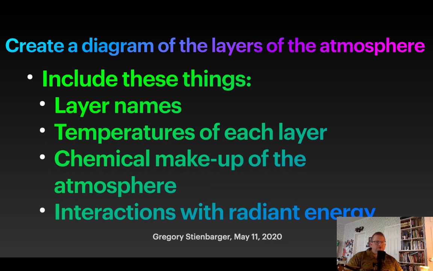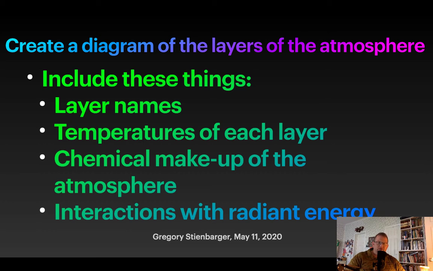So you're going to have to include the layer names, each of the layers. You're going to have to include the temperatures of each layer. Now, some of them are going to have actual temperatures listed. Some of them will not, but will say, okay, this is a layer where the temperature goes up as you go up, or this one was a layer where the temperature goes down as you go up. So you're going to have to make sure you have that on there.